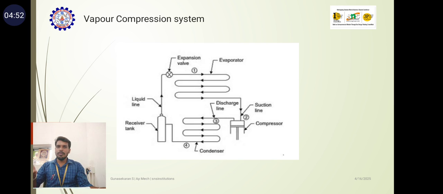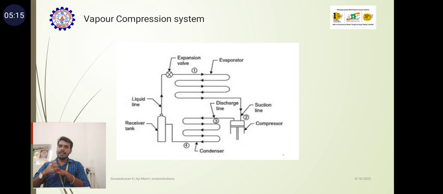Condenser: we already saw its function, heat transfer, where heat passes from the refrigerant vapor to the condensing medium. Reservoir tank: a reservoir is used to provide storage for the condensed liquid so that a constant supply of liquid is available to the evaporator as required.